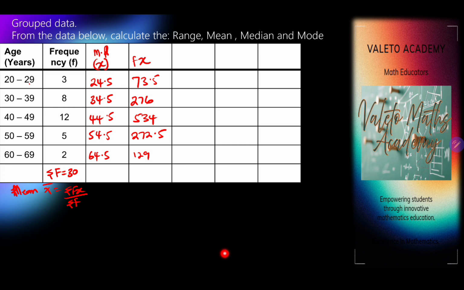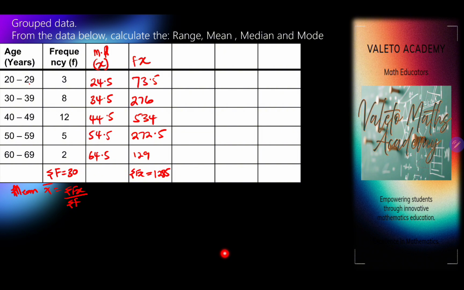Okay, then we need the summation of fx. If we put all that together, we have 73.5 plus 276 plus 534 plus 272.5 plus 129, and that's 1,285.